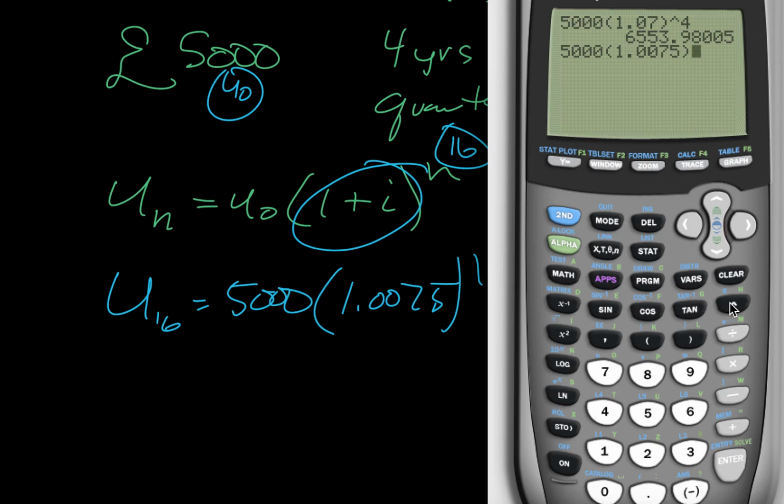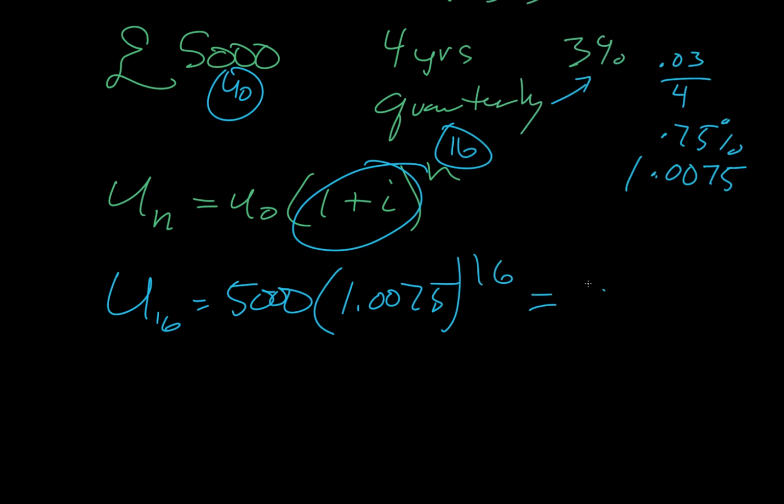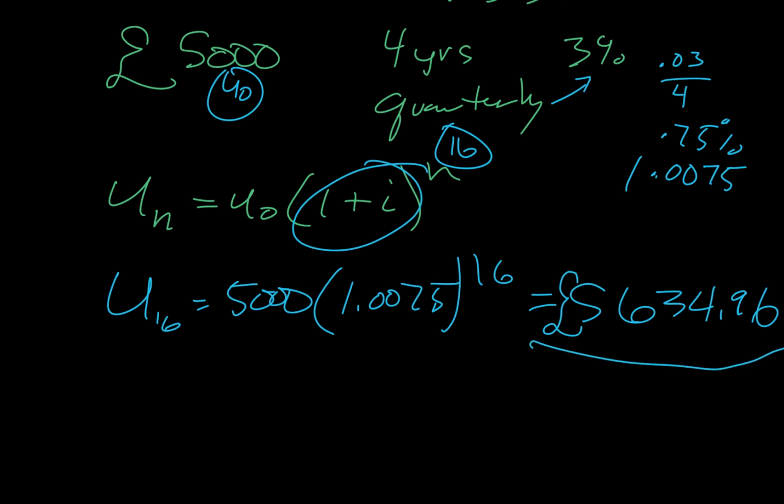And that, raise it to the 16. Hit enter. And we got 5,634.96. Okay, and so the total, technically we should write this pound symbol, but I'm not very good at that. So 5,634.96.